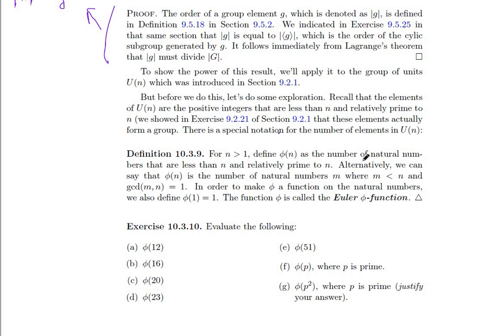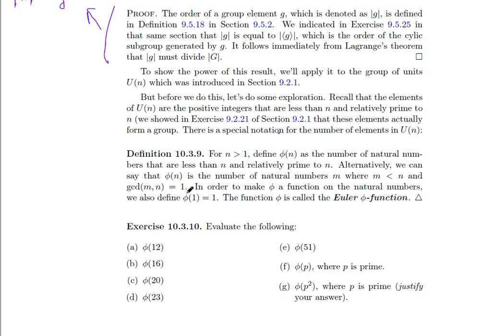Phi of n is the number of natural numbers m less than n where the GCD of m and n is equal to 1. We also define phi of 1 to be 1. This is called the Euler phi function.